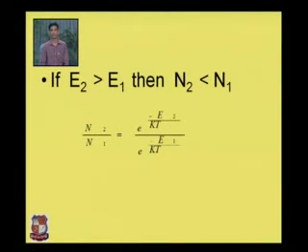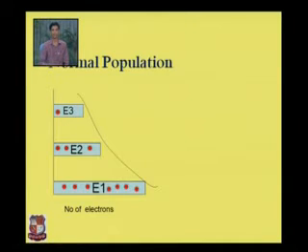If E2 is greater than E1, then from the mathematics we can see that N2 will be less than N1. That is, as the energy increases, the number of electrons associated with that energy level decreases. So as you go from the ground state to the higher state, the number of electrons decreases. We can see that in the normal distribution, that is, a normal population.